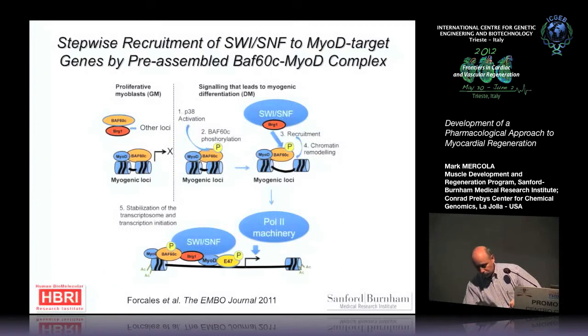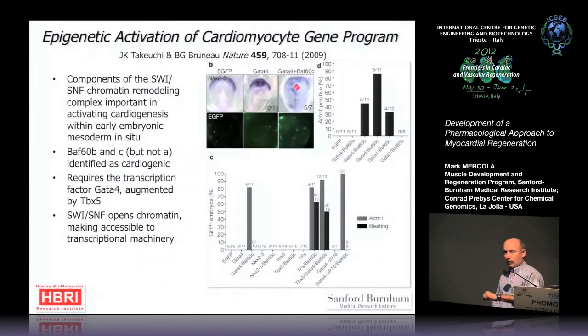And as you're probably mostly aware, Benoit Bruneau took advantage of this idea to ask whether BAF60C and cardiogenic transcription factors like GATA4 and TBOX5 could reprogram cells in the embryo or in stem cell cultures to becoming cardiomyocytes. And this is just one figure from his paper where he showed ectopic cardiogenesis, and that's indicated by these, here you can see the ectopic formation of cardiac cells.